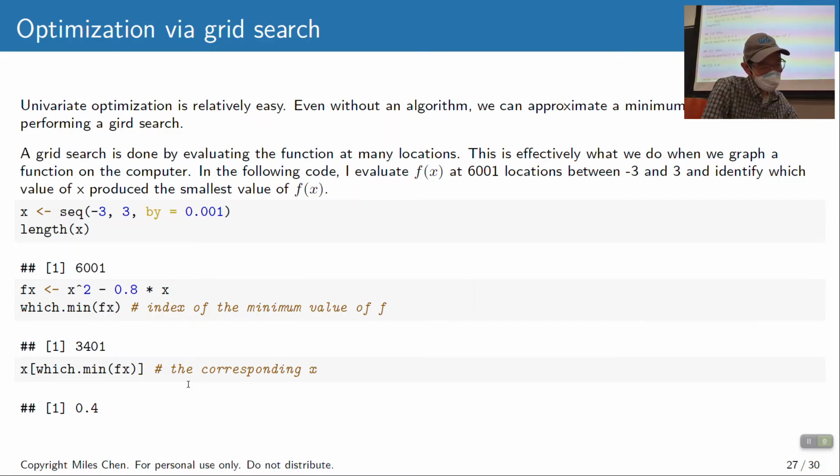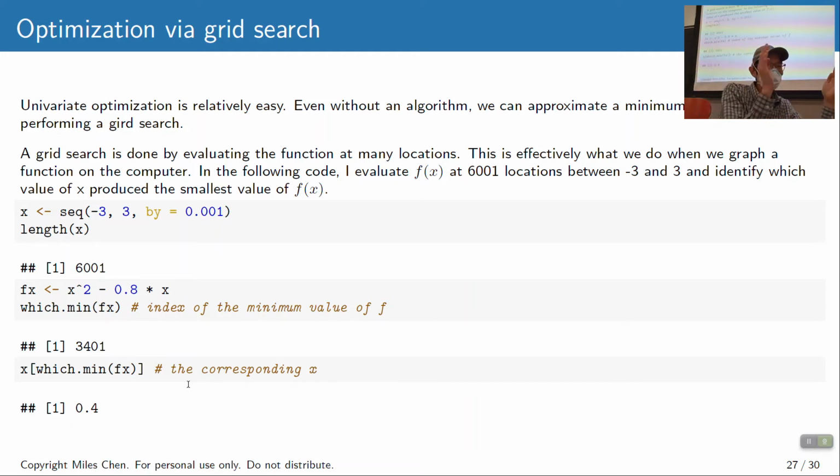All of those methods are actually fairly simple. They work, and it's fairly simple to run for a univariate function. Okay, even if you didn't have an optimization algorithm, you could generally find a minimum by just doing what we call a grid search.